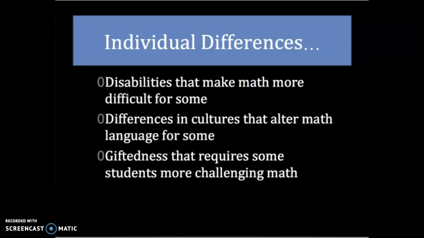There are also differences in culture that alter math language for some students, where they're used to hearing something a certain way and we say it a different way in our American education, and they may understand what they're doing, but they don't understand the way that we're explaining it. And then there's also giftedness that requires some students to be given more challenging math or to be pushed forward to excel better.